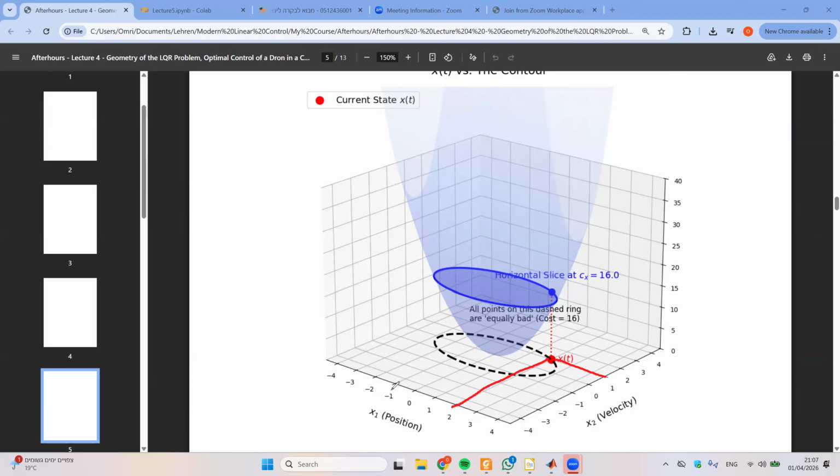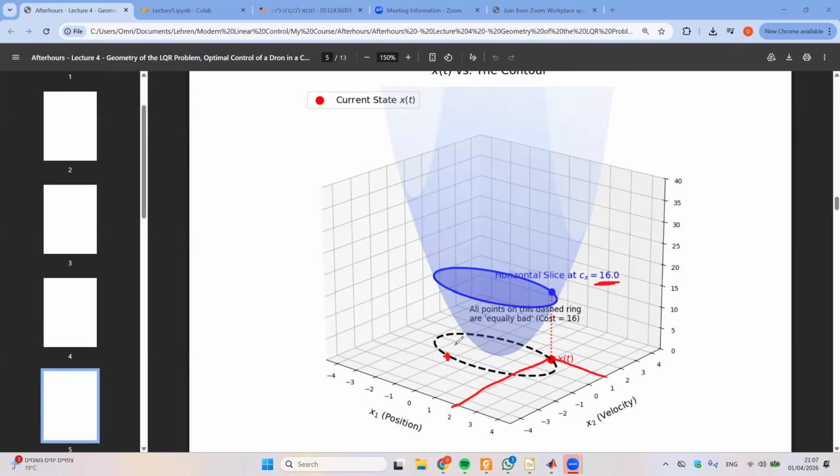For these values we have cost 16, and this means the cost of being in this specific position is 16. I remind you that our goal is to minimize the cost. Now, there are many combinations of state positions which yield the same cost. These are all combinations which will land us on this very specific ellipsoid.